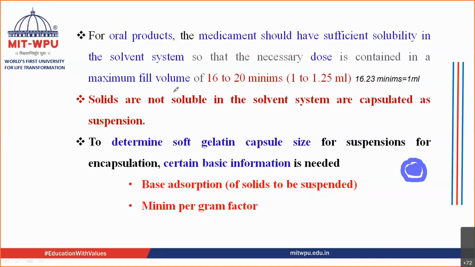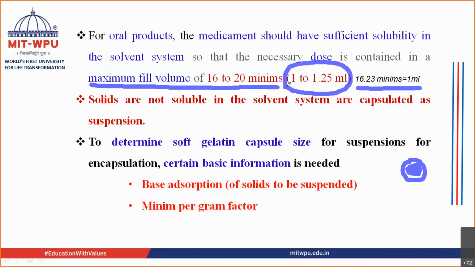The maximum fill volume is about 16 to 20 minims. If you see the conversion, 16.23 minims is equal to 1 ml. You are going to require this further for calculation. Remember this formula: 16.23 minims equals 1 ml. So how much maximum amount can be filled? The maximum amount that can be filled is 1.21 to 1.25 ml. That is the general dose that can be filled inside the capsules.